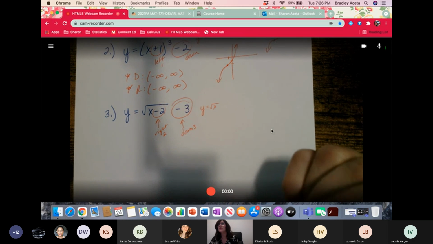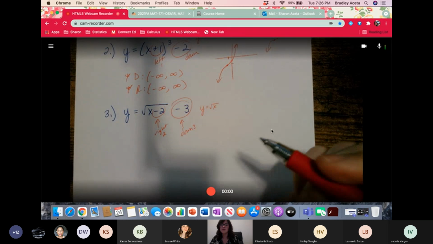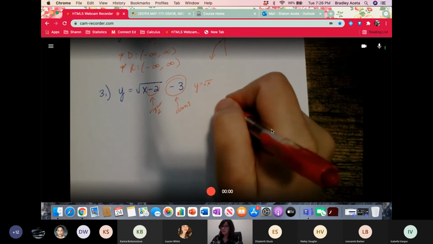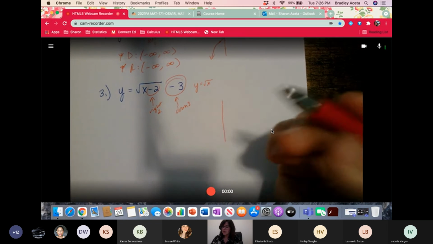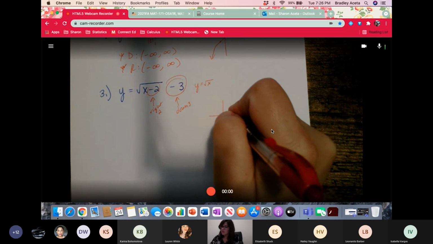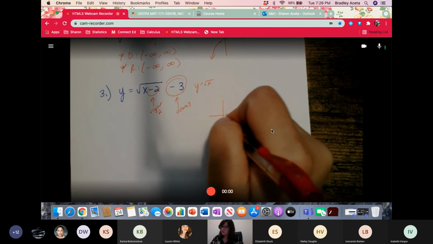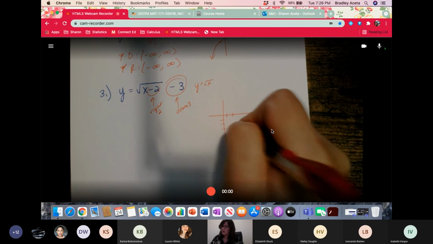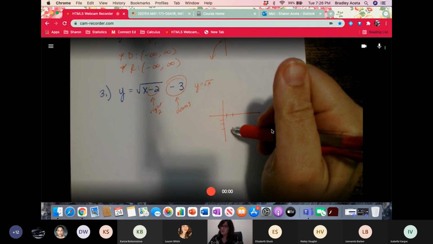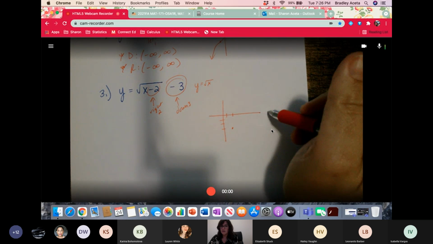I literally have to tell myself, do the opposite every time I do that. And I've been teaching this forever. You would think by now, but it's just what happens. My brain is triggered. All right, so go to the right 1, 2, down 3, 1, 2, 3, put a dot. So again, this square root, this dot is where it starts and then shoots off to the right.